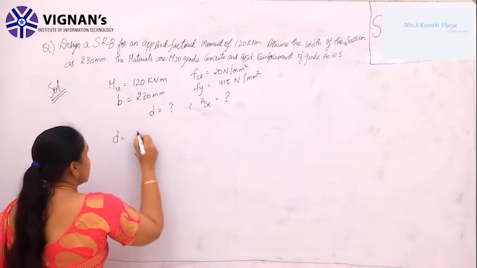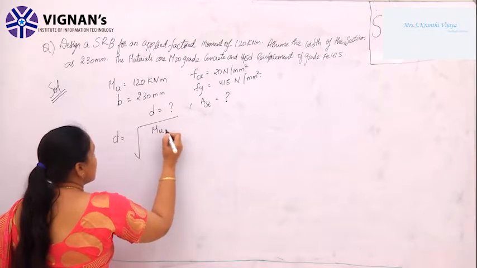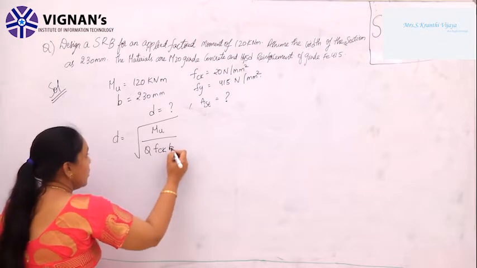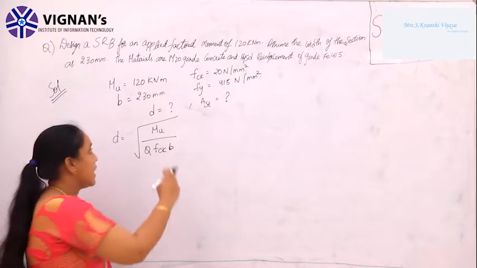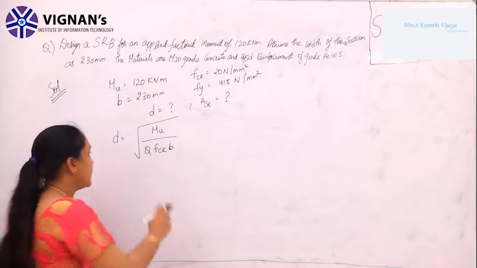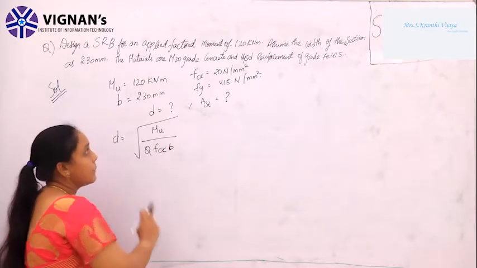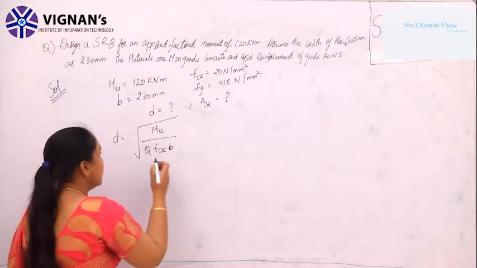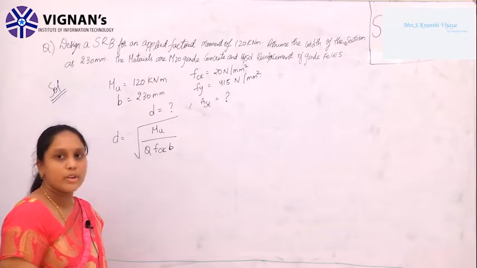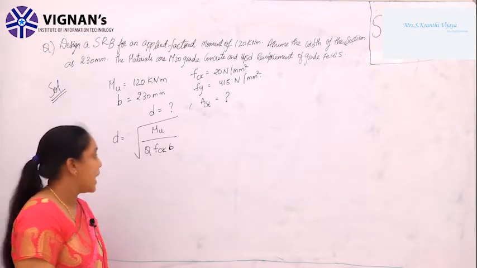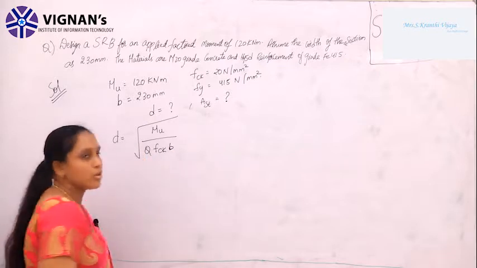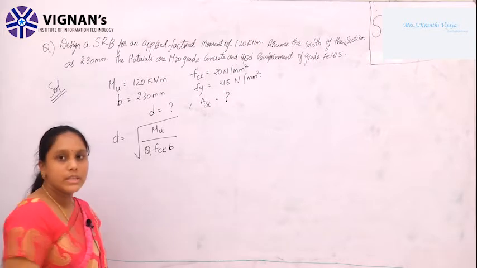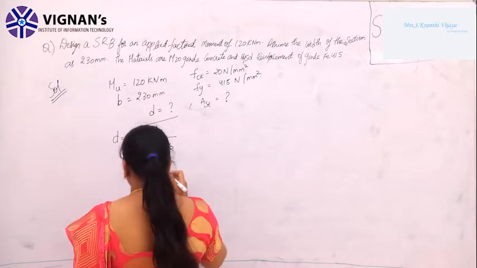It is D is equal to root over Mu by Q into FCK into B. Here the value of Mu is already given and the value of Q will depend on the grade of the steel, and the FCK value is also given, which is 20 Newton per mm square, and the breadth value is also given, which is 230 mm. So, substitute all the values in this particular equation. So, what will it be?